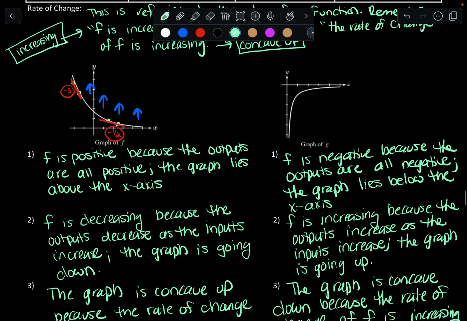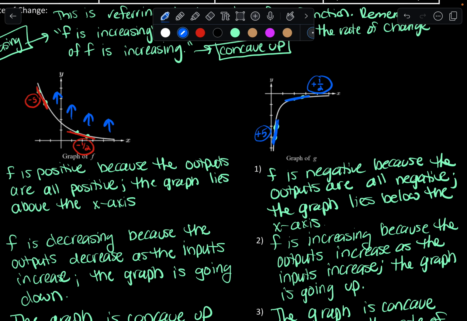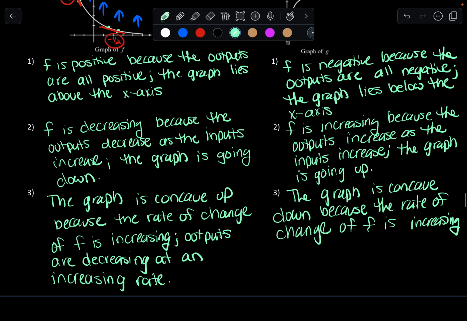But as we increase, if we think about choosing a pair of points over a similar interval of time, we have this one. I'm just going to use 5 again. That looks like it could be positive 5. But if I choose a section later over a similar interval of time, this one looks like it could be plus 1/2. So the function is increasing, but it's increasing at a slower rate because the average rates of change are getting less as the inputs increase. So it's increasing at a decreasing rate.